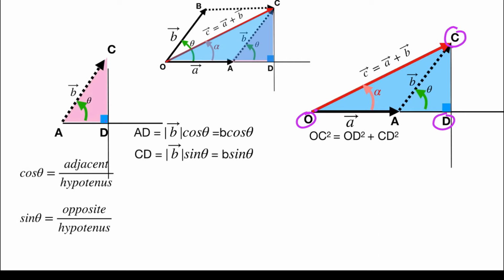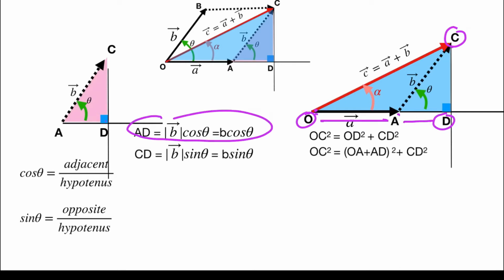But OD is equal to OA plus AD. OA is vector A, its magnitude is A, and AD we can take from here. So by putting the values of these sides, we can write OC square is equal to A plus B cos theta, whole square, plus B sin theta, whole square.